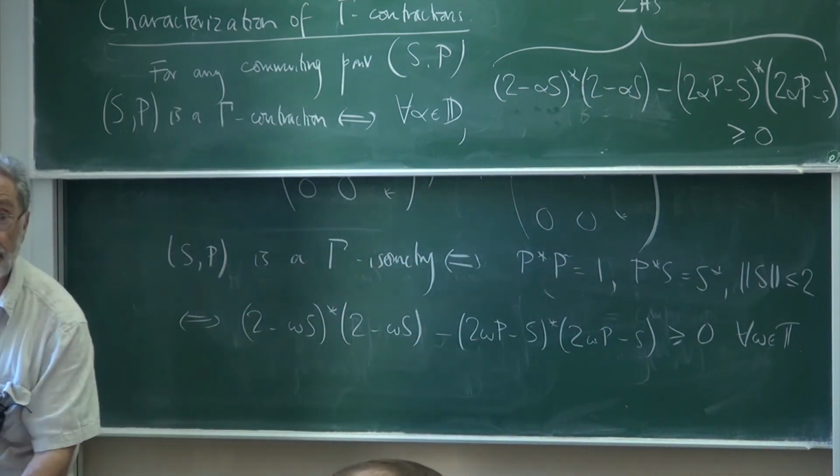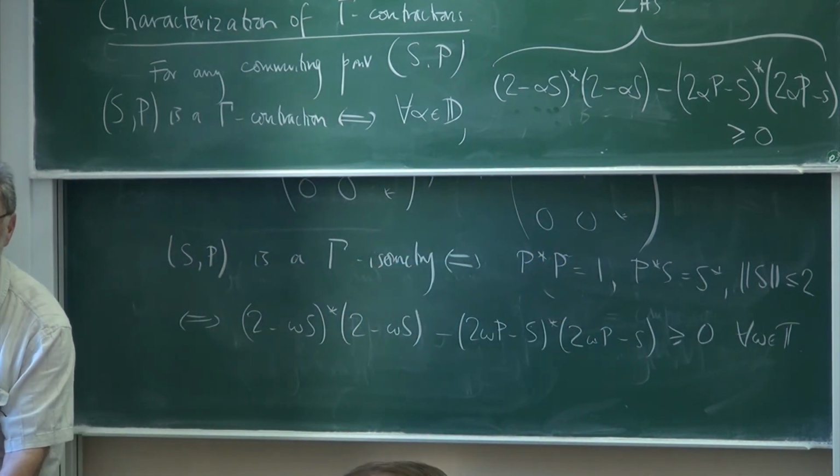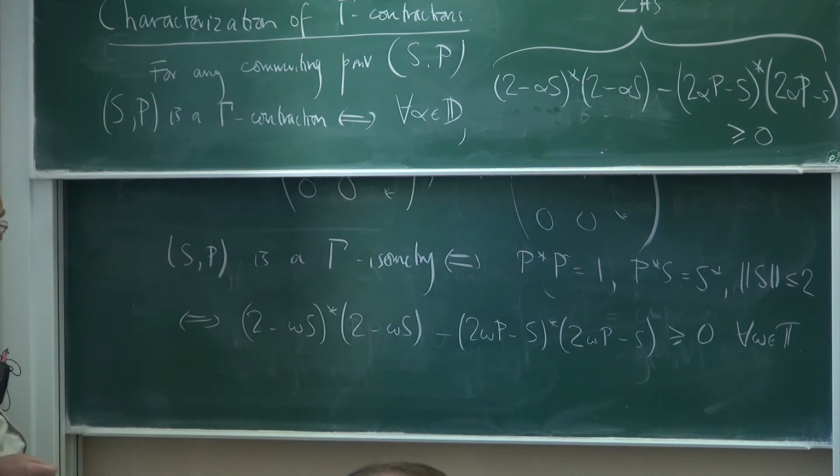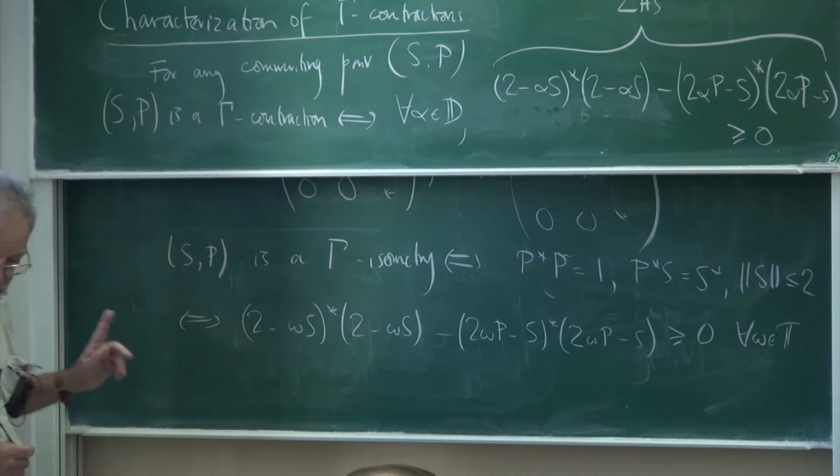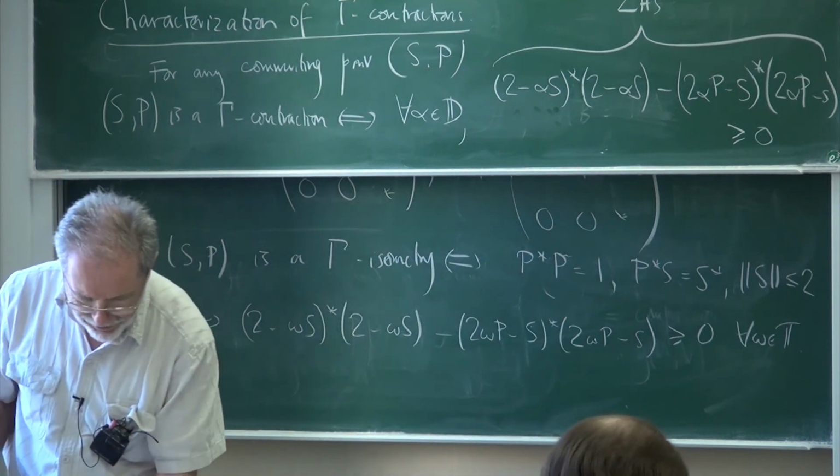Equals 0? Sorry? Equals 0. No, greater than or equal to, I think, in this case. It's an isometry, it's not... Oh, you may be right there. Yes. Well, a small detail there that needs to be sorted out.